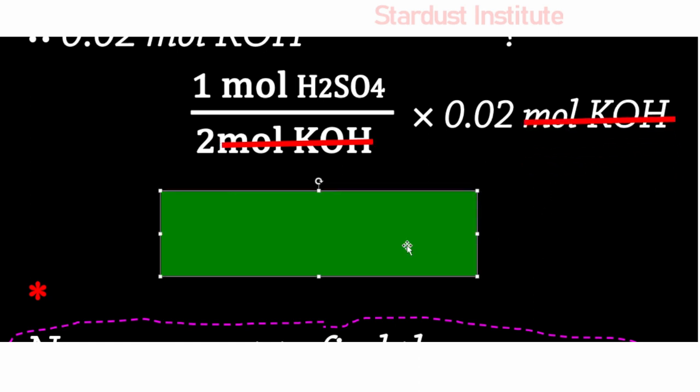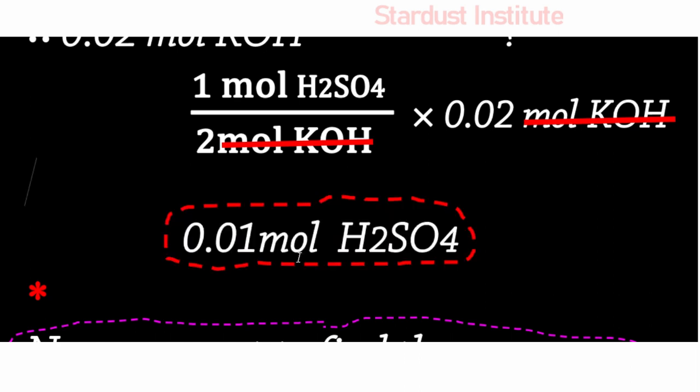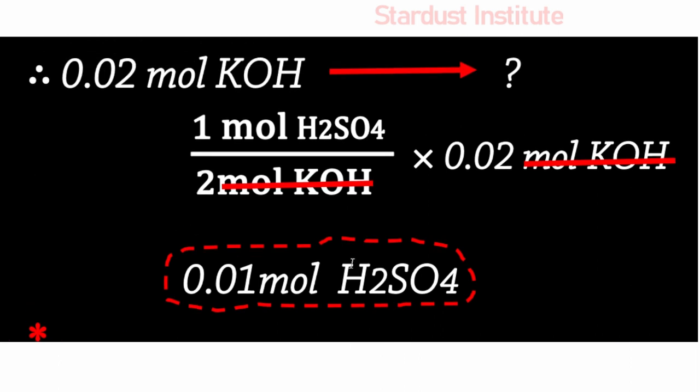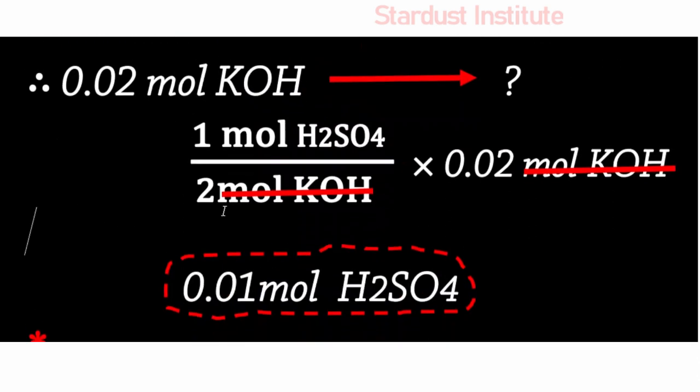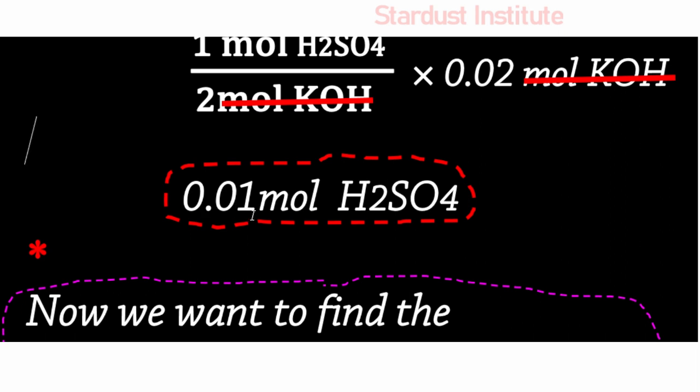Then we get 0.01 moles of sulfuric acid. To react with 0.02 moles of potassium hydroxide, 0.01 moles of sulfuric acid are required.